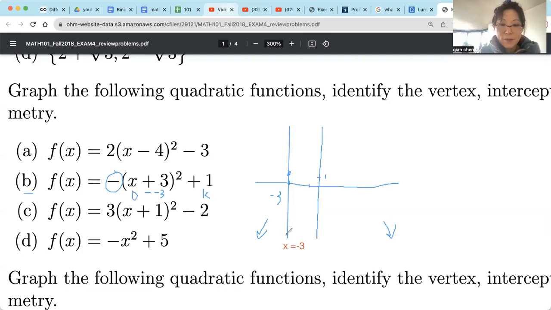So negative 8 is somewhere even further down below here. Maybe somewhere here, negative 8. Okay. So that's my, oh, hold on. This is my y-axis. Let me mark my y-axis. This is my y-axis.